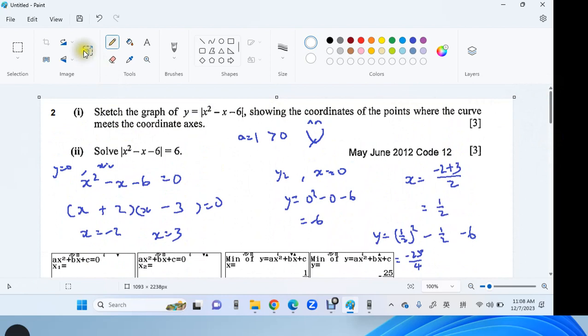Okay, so they want us to solve this one, this equal to 6.